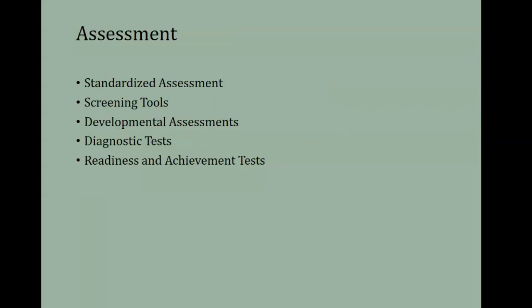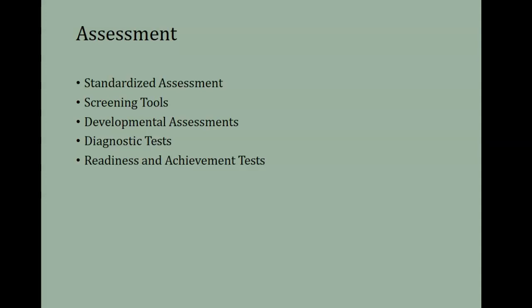An assessment, sometimes they're standardized. Sometimes you have screening tools. If you work for Head Start or ECAP or Early Head Start, you have likely done a DECA and ESI. A DECA is a social emotional screening tool, and ESI is a developmental screening tool. You may have done those before or something similar. And it's to give you a snapshot of a child's development.